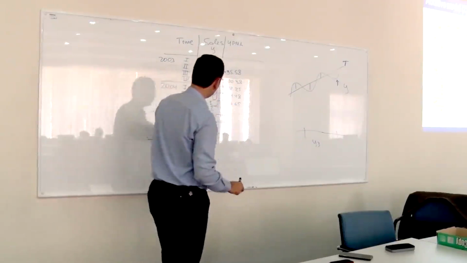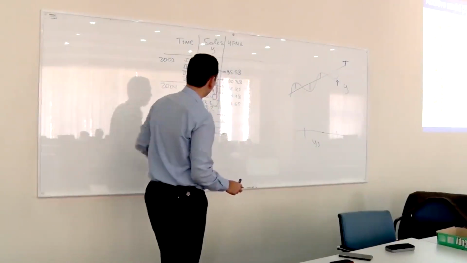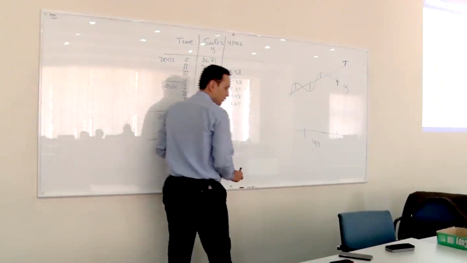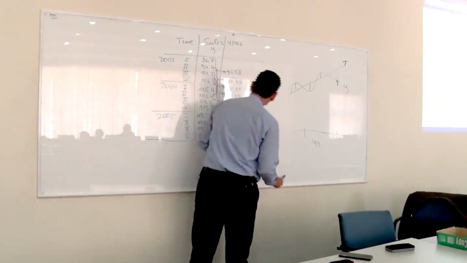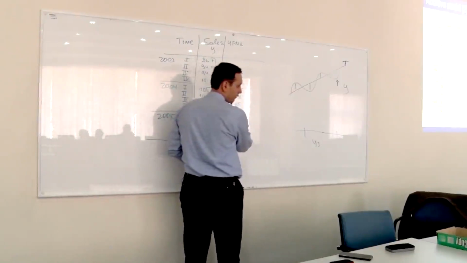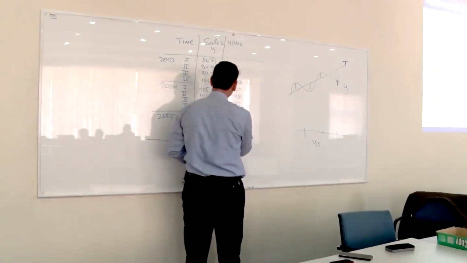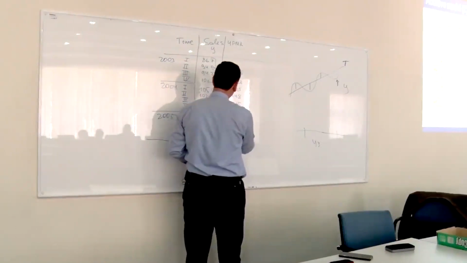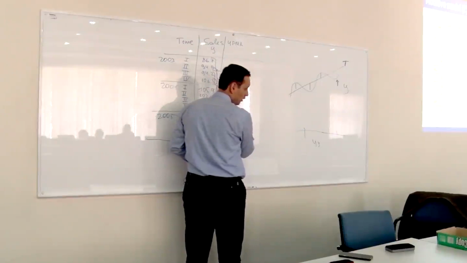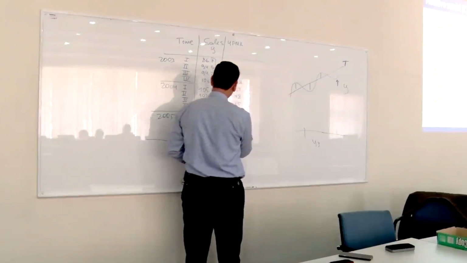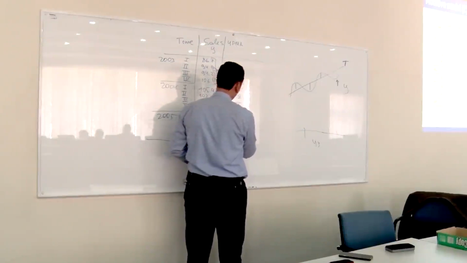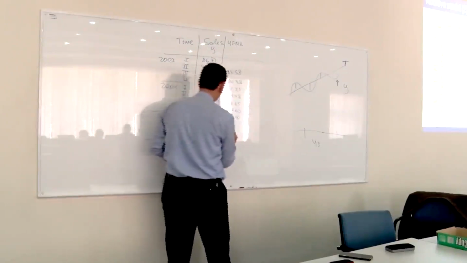Okay, so you have to make sure that the numbers are in their own places, okay? So 106.65, then you have 108.60, right? 108.60, 110.00, 112.60.